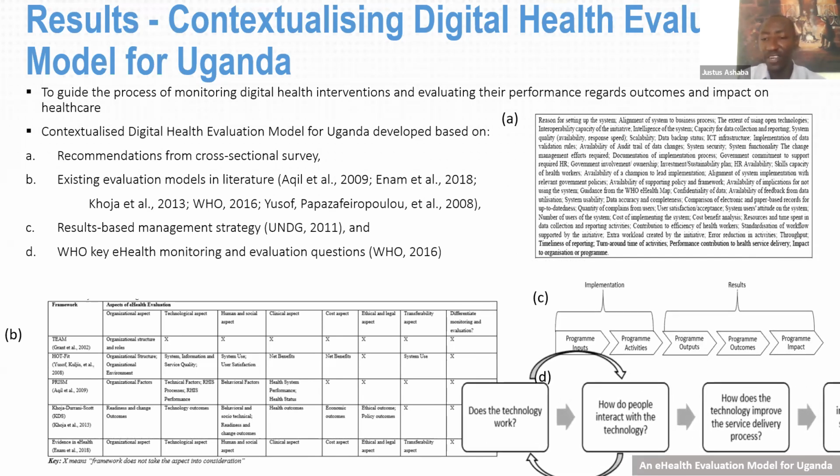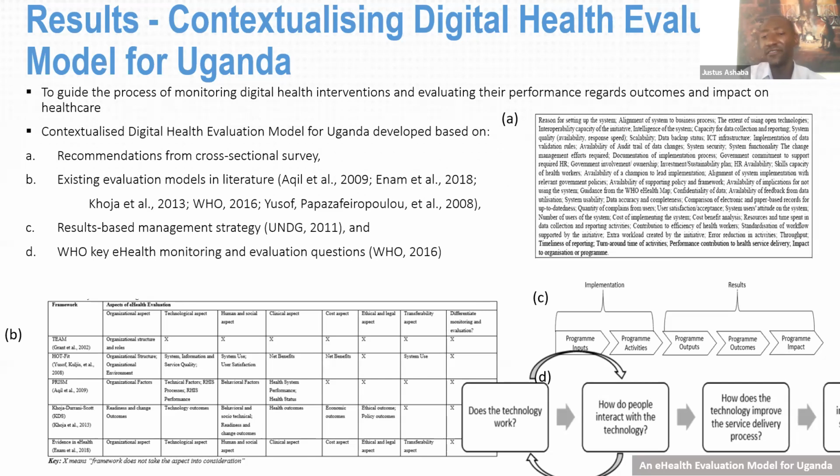And also World Health Organization was guiding on some of those key questions to ask: if the technology we have employed is working, and if it's working, how are the people interacting with it? What feedback do we get from the people using it?